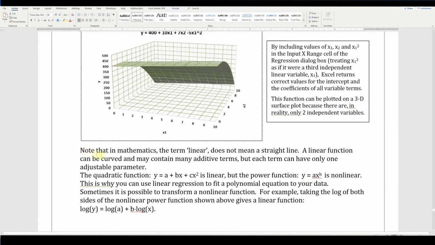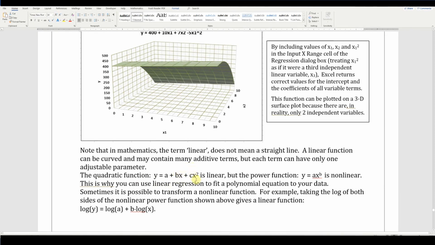Please note that in mathematics, the term linear does not mean a straight line. A linear function can be curved, and it can contain many additive terms, but each term can only have one adjustable parameter. So this quadratic function is actually linear. That is because this term x only has one adjustable parameter, b.